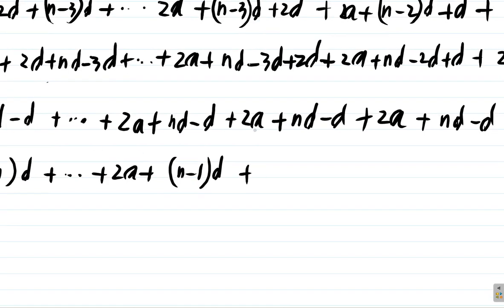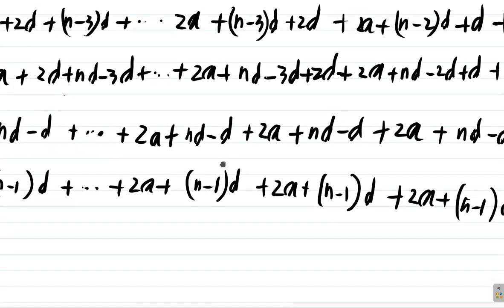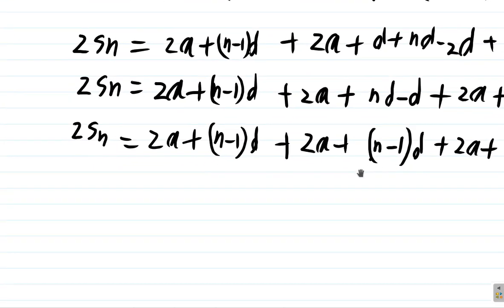Plus, this one now is 2a plus, you factorize, you get d outside the bracket and n minus 1 inside the bracket, plus 2a plus, you factorize, d will come outside the bracket, you get n minus 1 inside the bracket. Alright. Now, what do you have here?